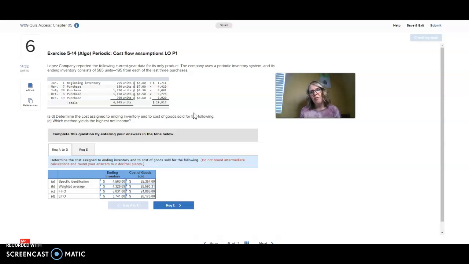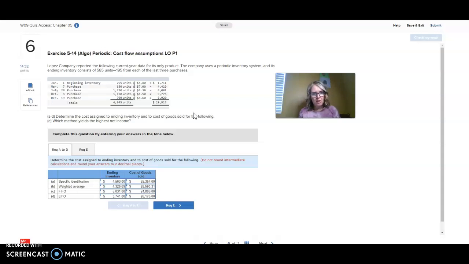So then we'll go on to FIFO. FIFO stands for first in, first out, and it means that we value the inventory as if the first units we bought are the ones that we're going to sell first. So the 585 units that are left, those are going to be valued at the price of the last purchase that we made. So we multiply 585 times $8.60.